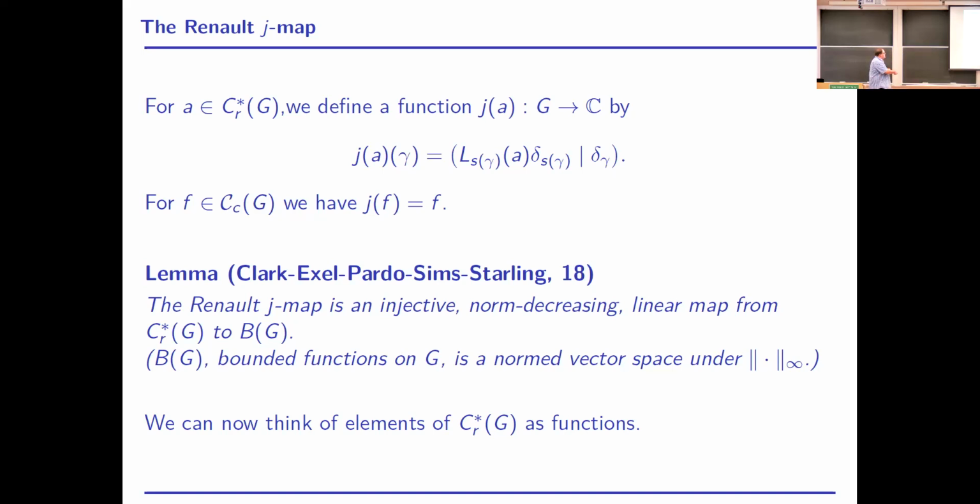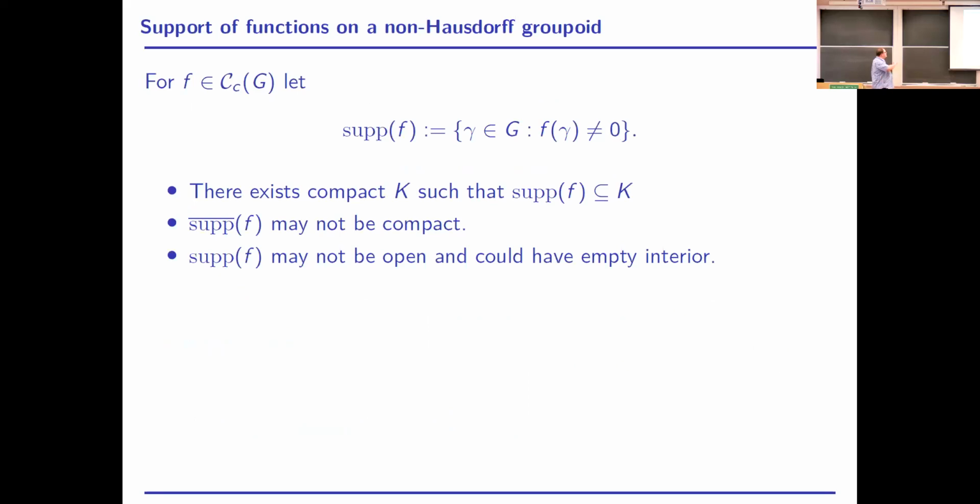And in the Hausdorff case, I think you get back to continuous functions on G, but here we go to the bounded functions because we don't have that continuity anymore. So the benefit of this construction is that we can think of elements of this reduced C-star algebra as functions, and in particular, we can think about their support.